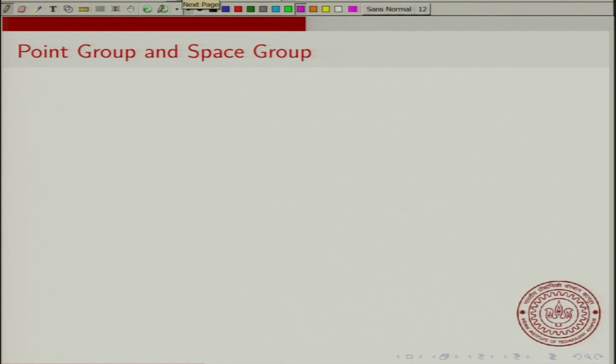Now let us go to the point group and space group. What we said is that the set of all point symmetry elements is called a point group. The word all is important here.